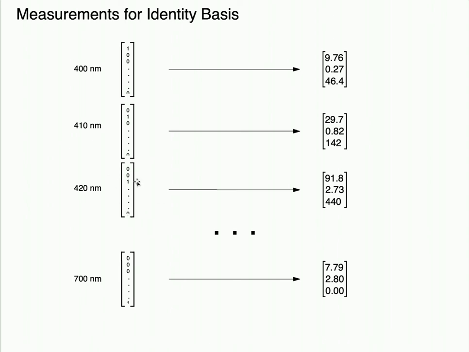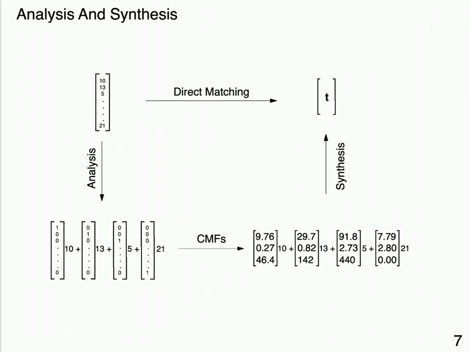And then we do it at 420, and so forth. We do all 31 of the identity bases for this wavelength sampling, in each case getting out tristimulus values. So we've made 31 measurements here, which is a lot in some sense, but it's not all possible measurements you need to make to characterize color matching. But having done that, we really can go to town.